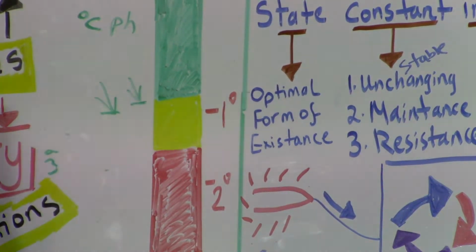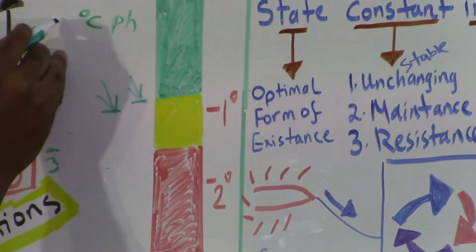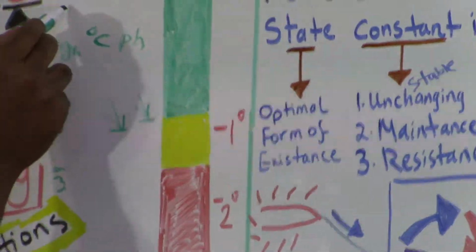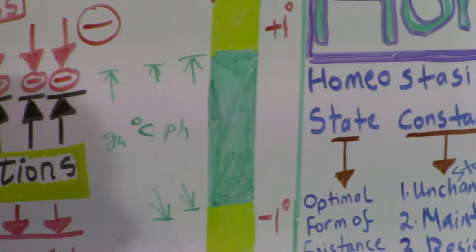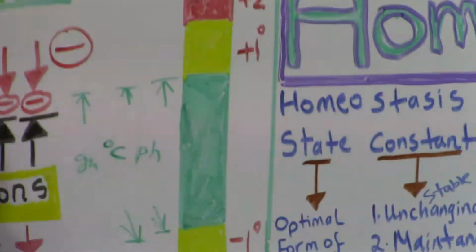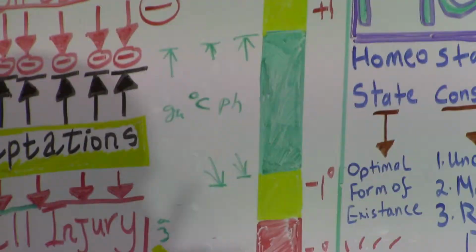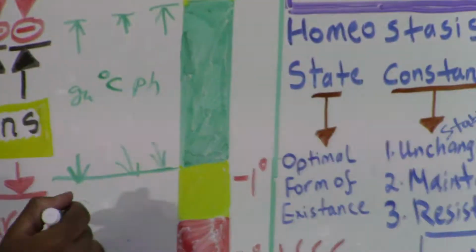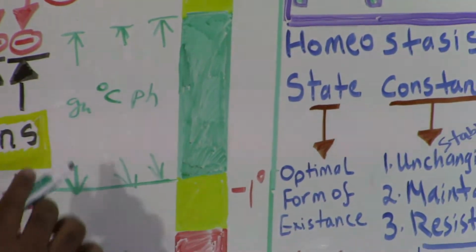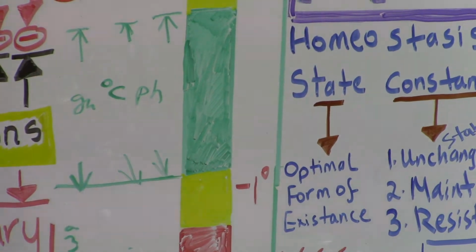Another variable is, for example, blood glucose level. There is a highest amount of tolerable glucose level in the body, above which we will suffer from hyperglycemia. There is a lower limit below which we will suffer from hypoglycemia.